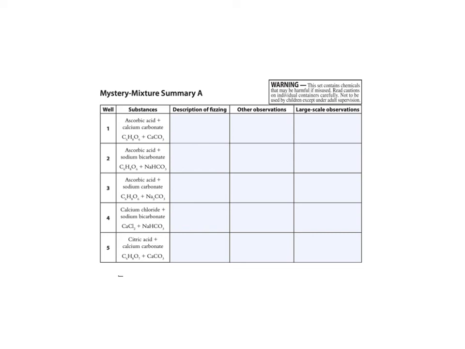So again, we're going to describe fizzing, but we're looking for which fizzing is most like our mystery mixture. So I'm going to ask that you combine ascorbic acid plus calcium carbonate, 10 drops of water, describe the fizzing, and other observations. What I mean by that is, how is it like the mystery mixture, or is it not like the mystery mixture? Think about possibly timing how long each fizz reaction occurs.